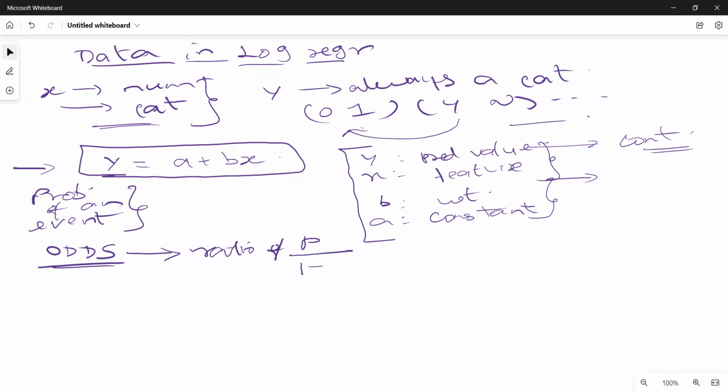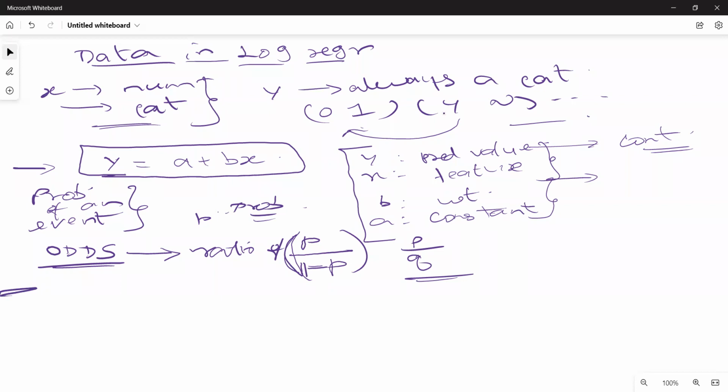So P by 1 minus P, or we can say P upon Q. So odds is a ratio that defines the occurrence of an event, defined as P by 1 minus P, where P is the probability of that event occurring. You have probably done this in the statistics chapter.